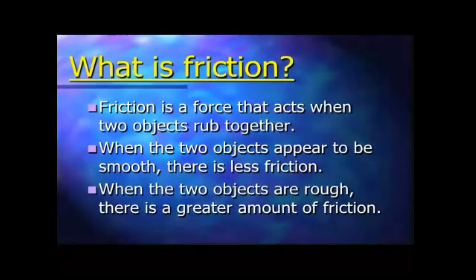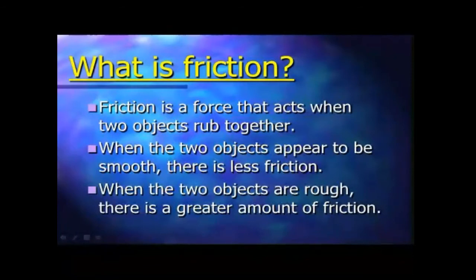Okay beta, have you got it? Now what is friction? Friction is the force that acts when two objects rub together. Like that, you rub your palms together, this produces heat, the heat produced due to friction.